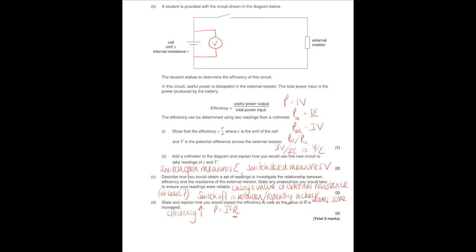Now our R is our big resistor. So the power being used up in our circuit is going to be the current in the circuit multiplied by the value of our resistor R. The total power in the whole circuit, including our cell, will be the same current because they're in series, but it's the total resistance in the circuit, which is our external resistor.